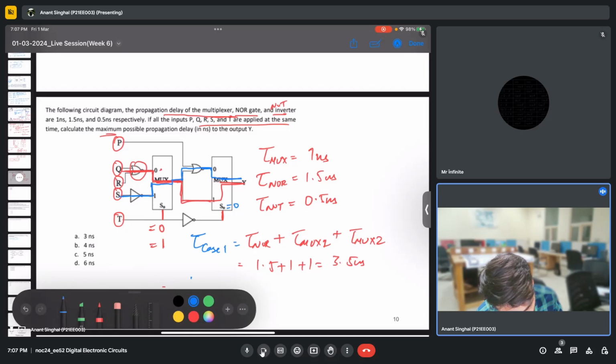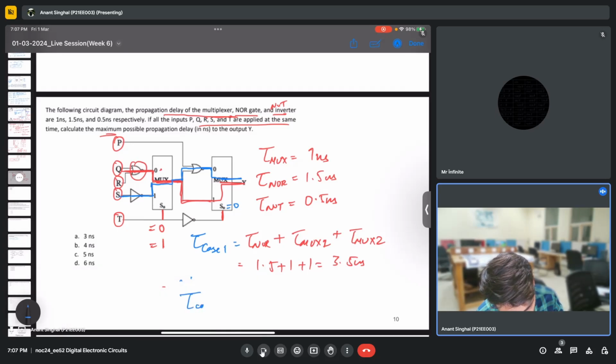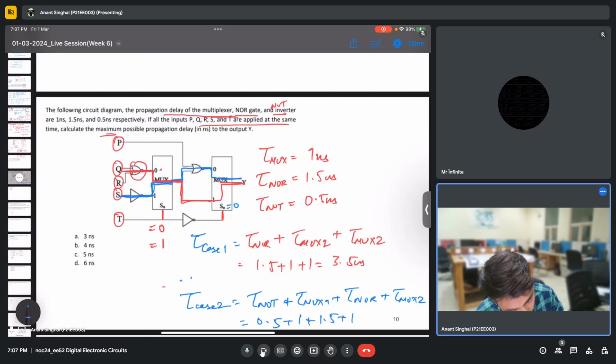Similarly, for the second case, denoted in blue ink, it will be NOT plus mux 1 plus NOR plus mux 2, which is 0.5 plus 1 plus 1.5 plus 1. That gives us 4 nanoseconds. So the maximum delay out of 3.5 and 4 is 4. So the correct answer will be option B.